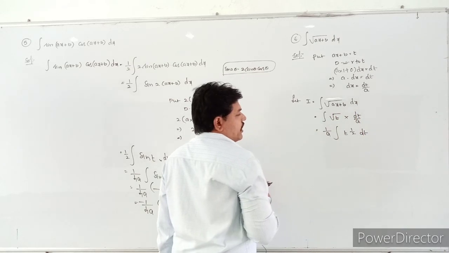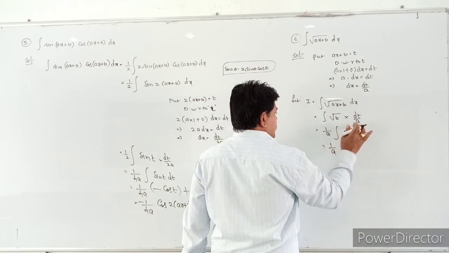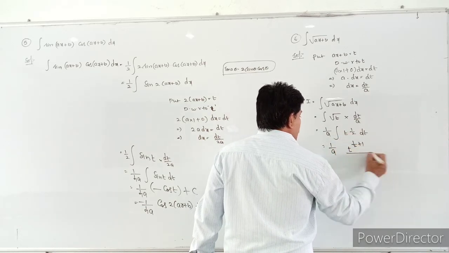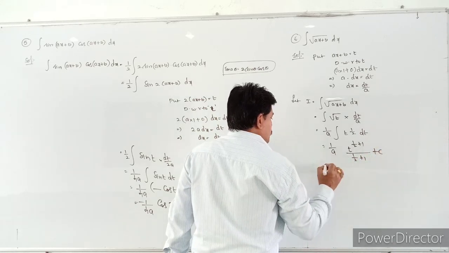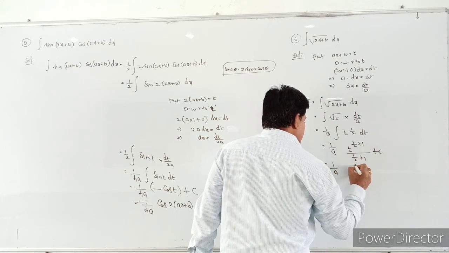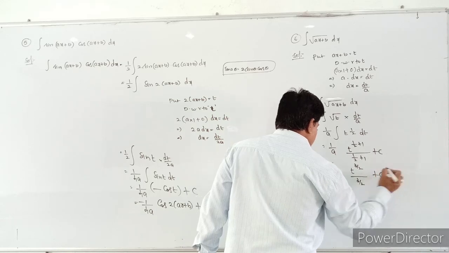Root t is nothing but t power 1 by 2, which is in the form of x power n. What is the x power n formula? It is x power n plus 1 by n plus 1, so 1 by 2 plus 1, plus c. So that is equal to 1 by a into t power 3 by 2 by 3 by 2 plus c.